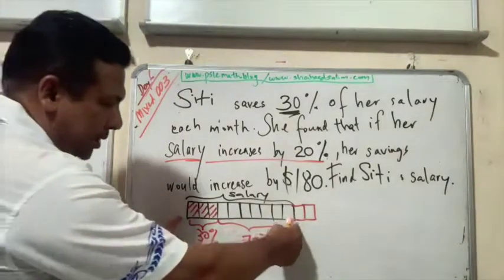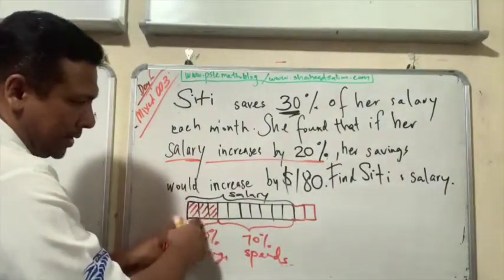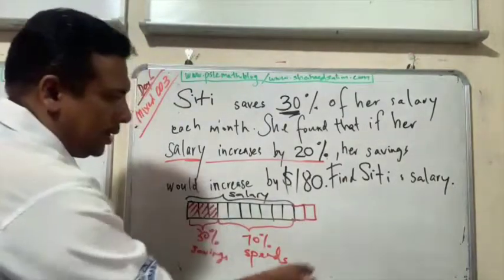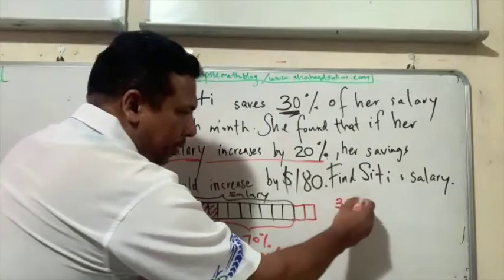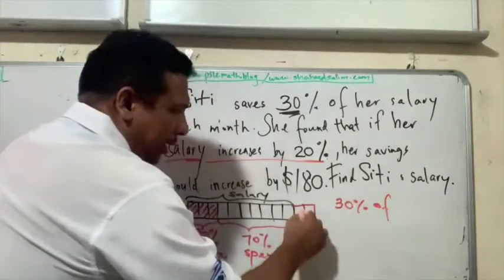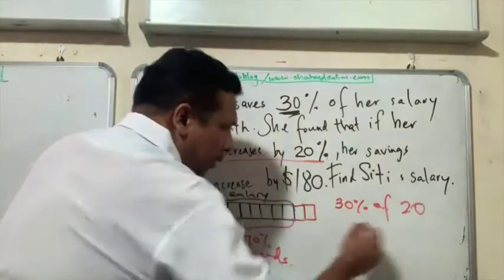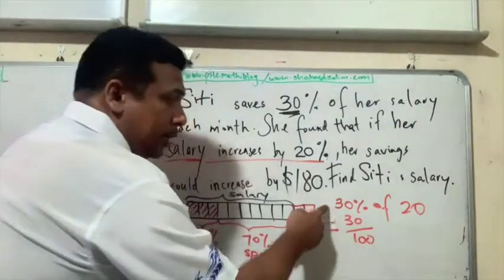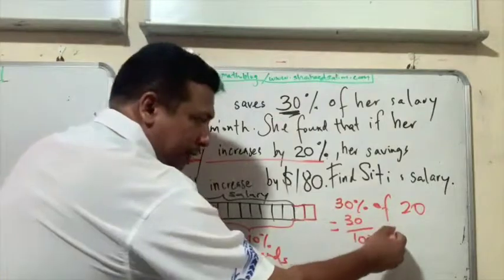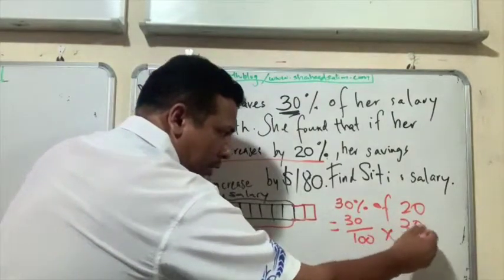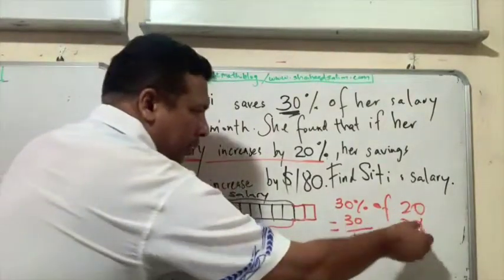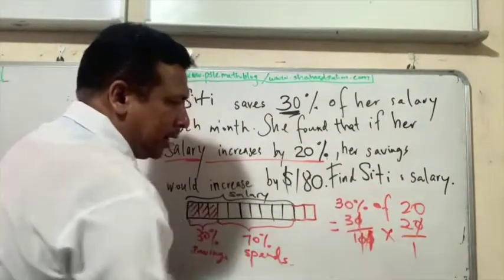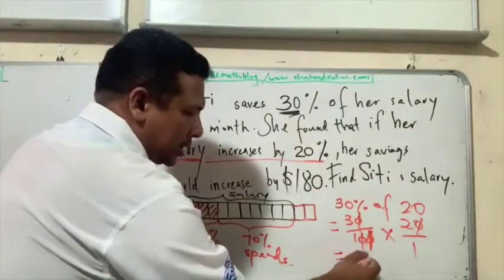For the first 100%, you have calculated what 30% is. What is 30% of this 20%? 30% of 20 is the same as 30 over 100, remember? 30% means 30 over 100, times 20 over 1. Divide by 10, divide by 10, divide by 10 again, divide by 10 again. 3 times 2 is 6.